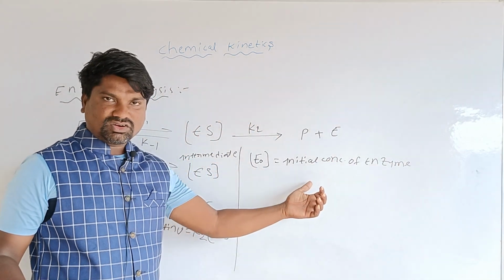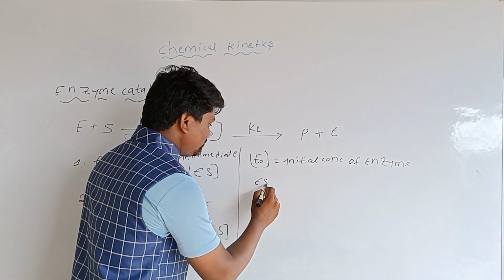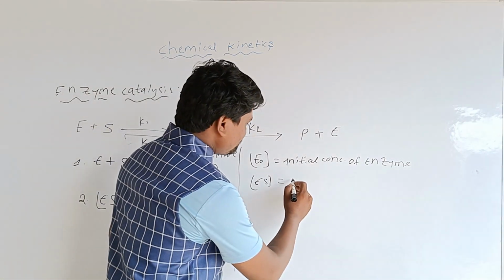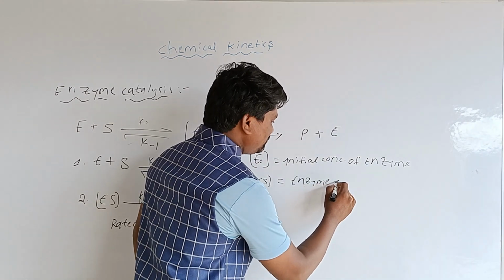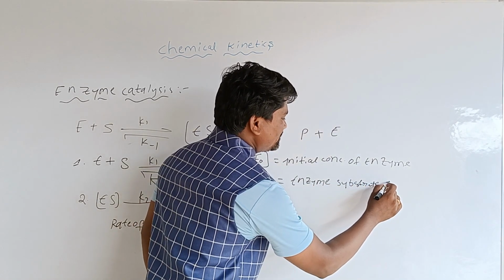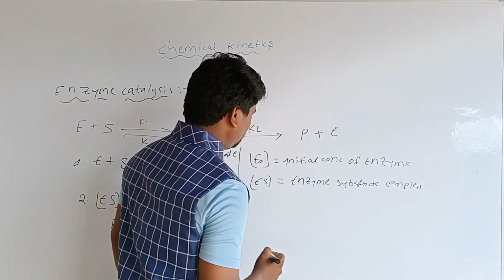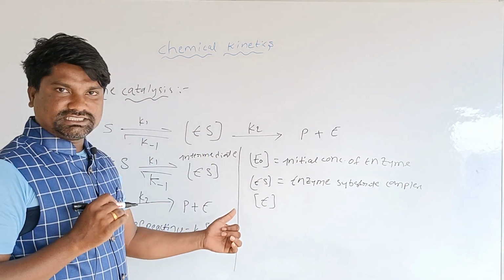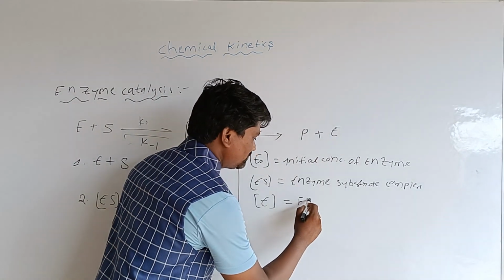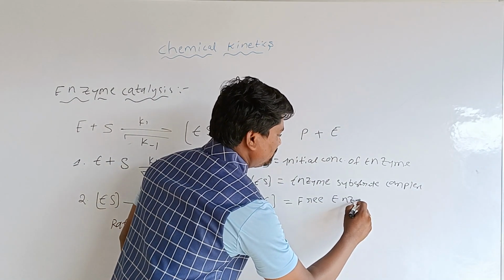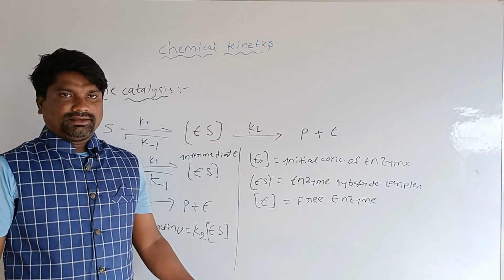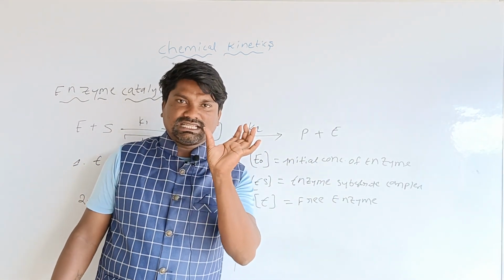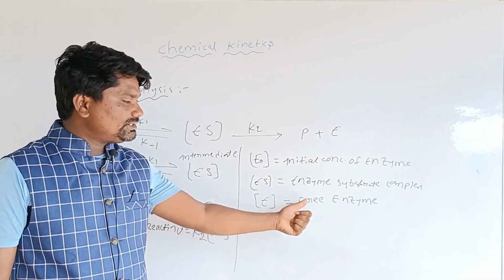E naught is the initial concentration of the enzyme, ES is the enzyme substrate complex, and E is the free enzyme.